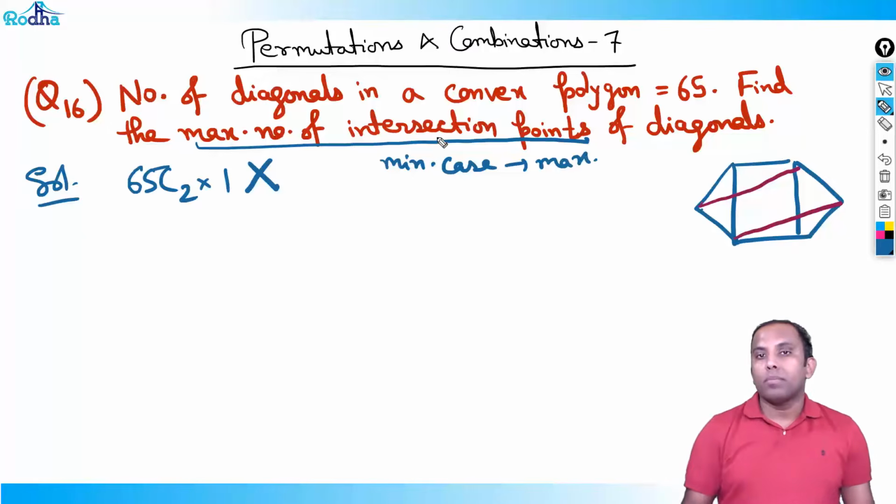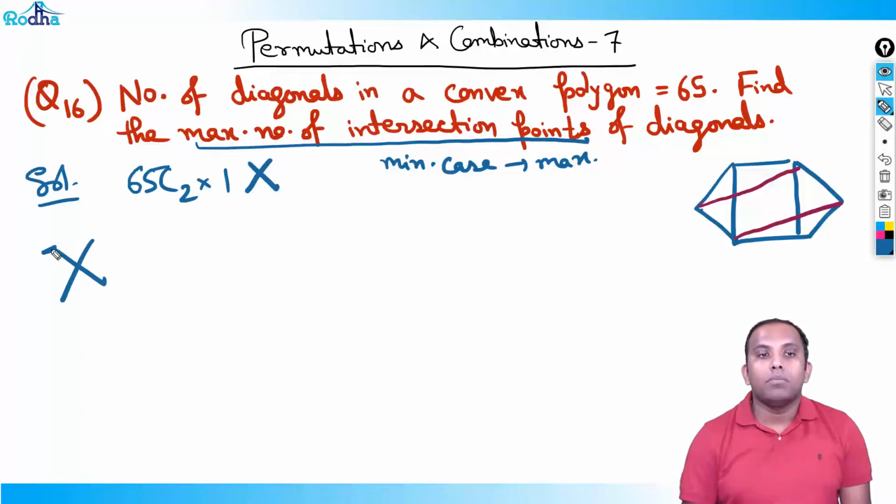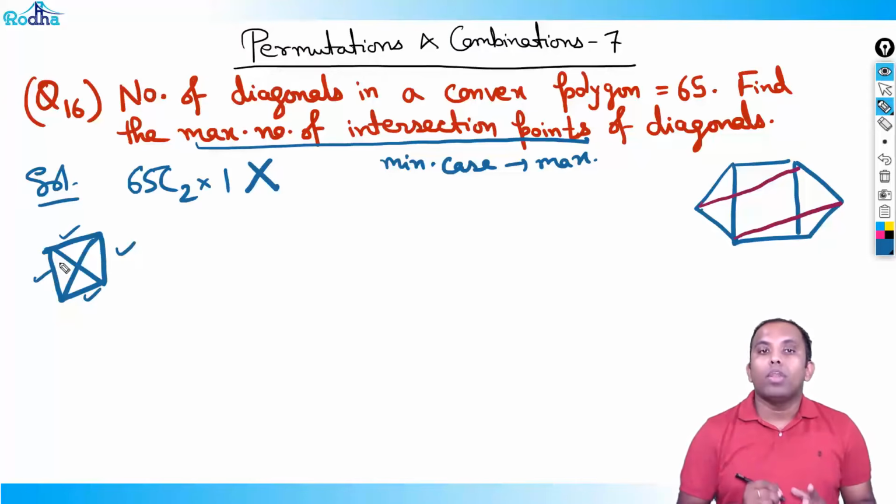So what is the minimum case here? In which figure will the diagonals' intersection point occur at a minimum? It will occur in a quadrilateral, a figure having 4 sides.